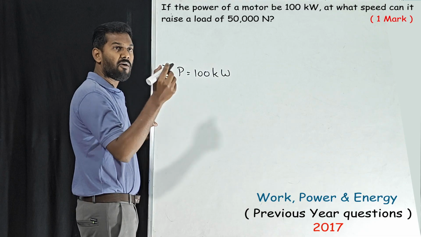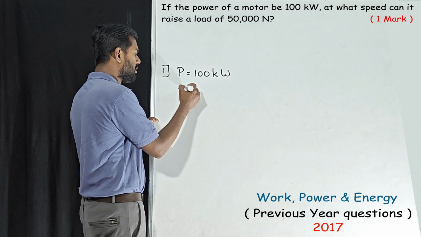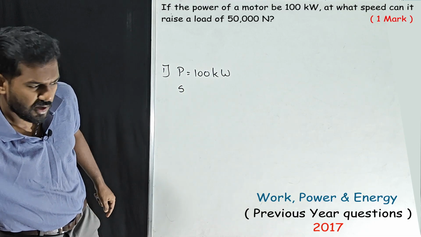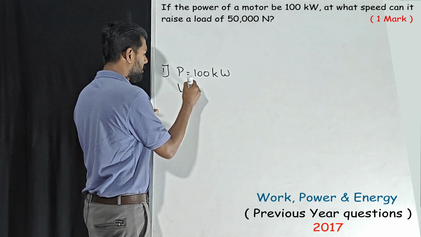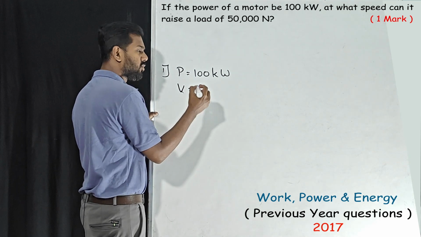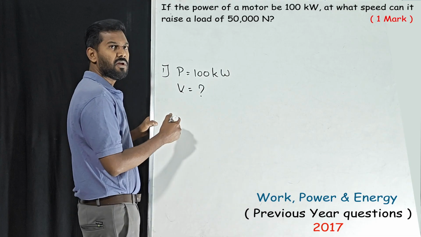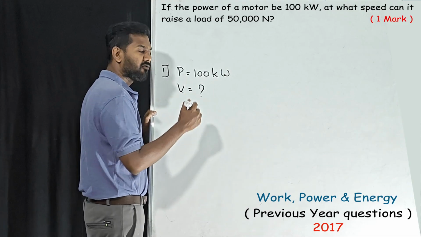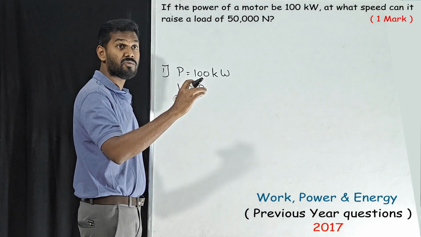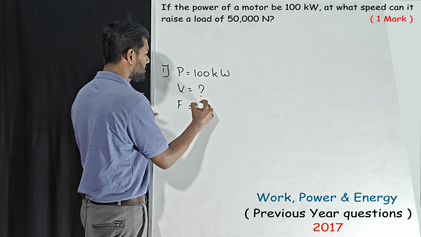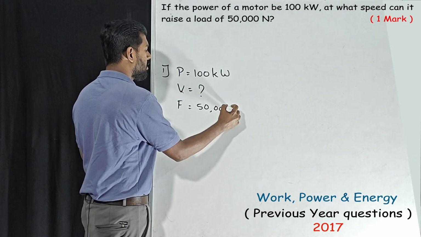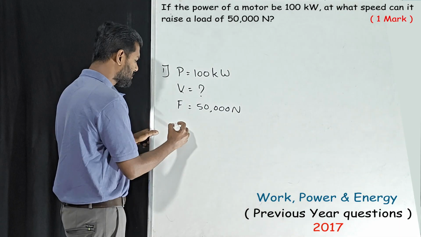We have to find the speed, which is nothing but velocity, symbol V. Here V is equal to question mark and force is given. It can raise a load of 50,000 Newton. Newton is nothing but force, correct? Force is equal to 50,000 Newton.